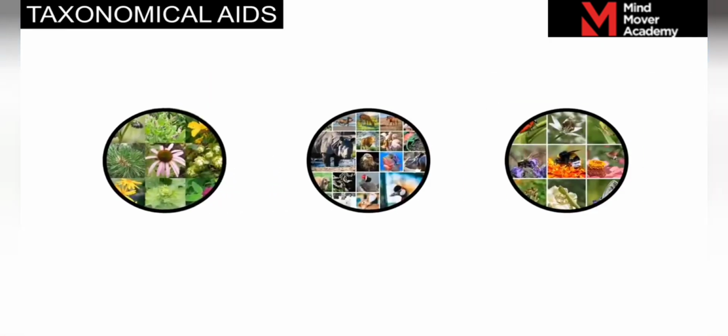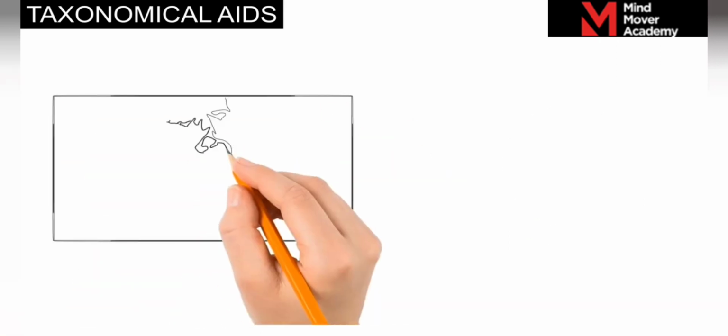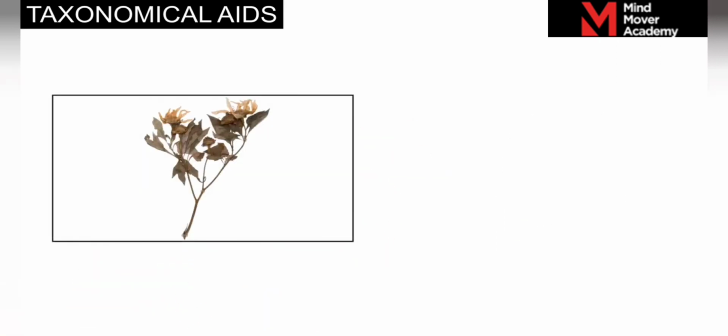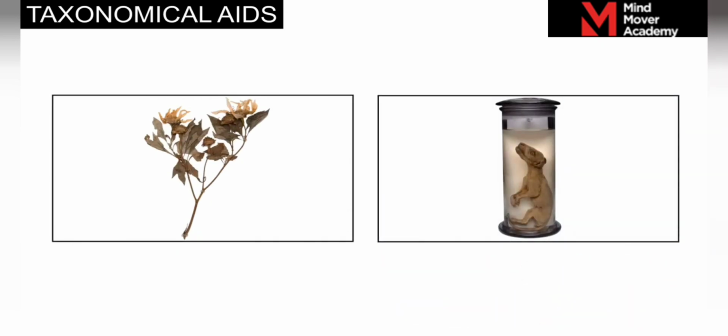Alright, so the basic concept behind this is to identify, name, and classify the organisms for our reference and study. For this purpose, the collection of actual specimens of plant and animal species is the first essential step. This, in a way, not only preserves the information about them, but it also preserves the specimens as well.